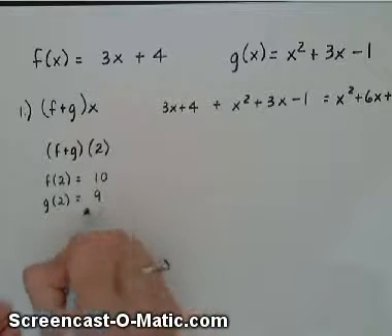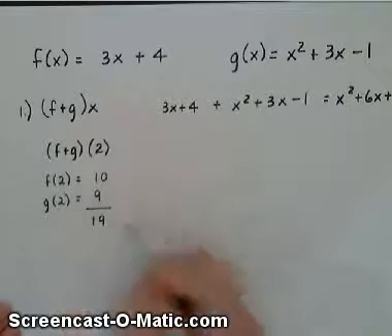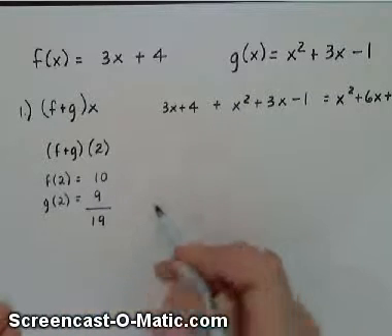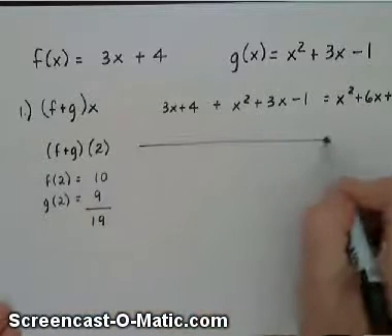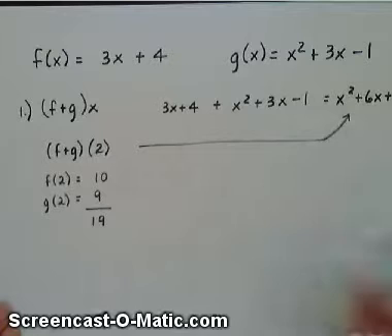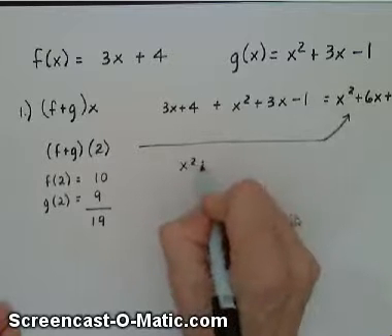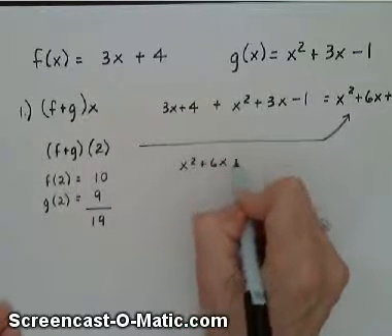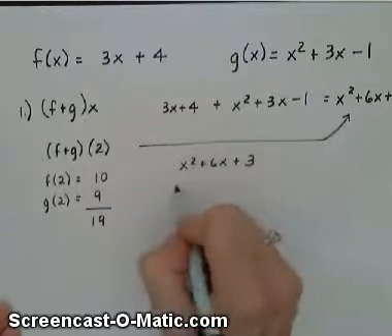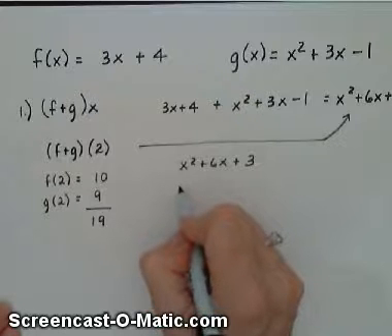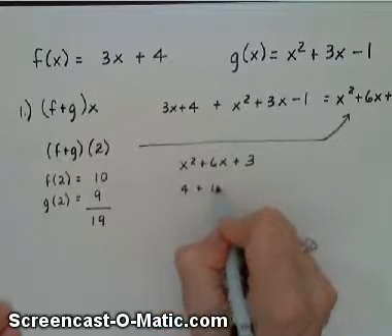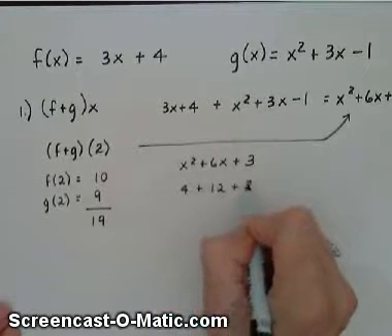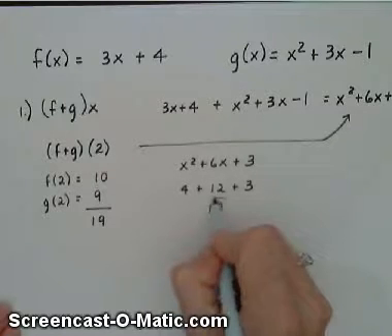And then you could simply add the two together and get a 19. Or you could take this combination function right here, x squared plus 6x plus 3, and evaluate that for 2, and you'd get 4 plus 12 plus 3, which is also 19.